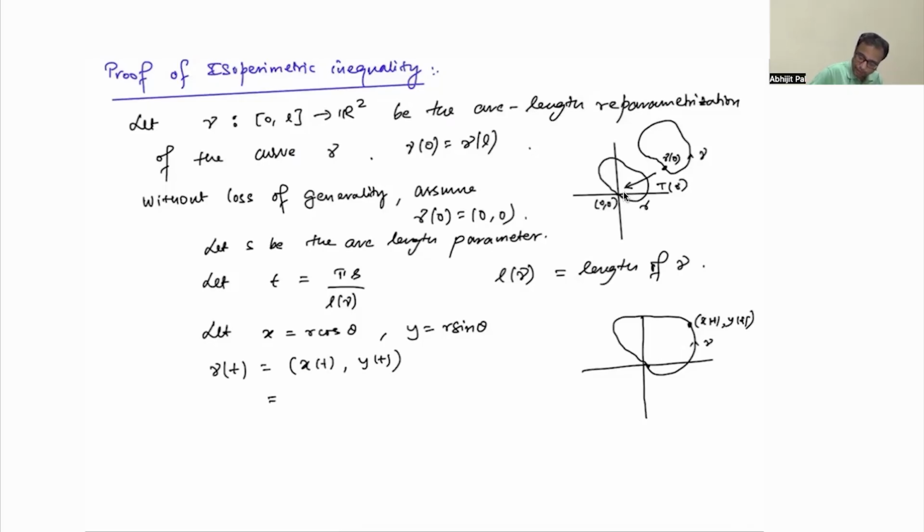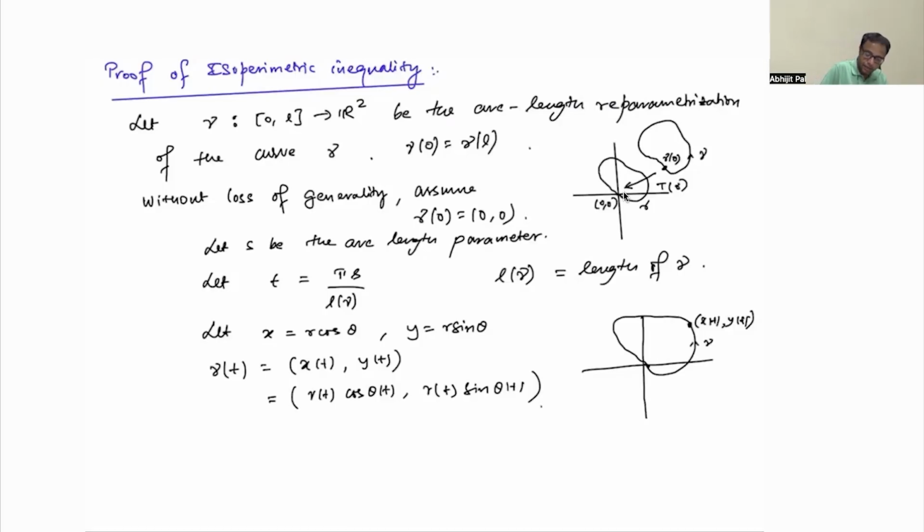And I am taking the polar coordinate, so x(t) will be r(t) cos theta(t), and y(t) is equal to r(t) sin theta(t). So in polar coordinates, gamma(t) is this thing.